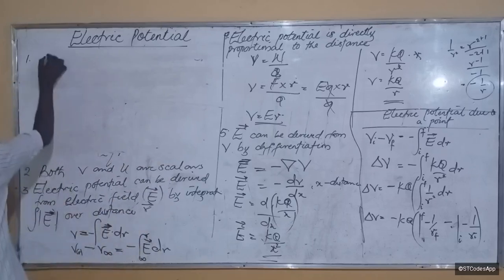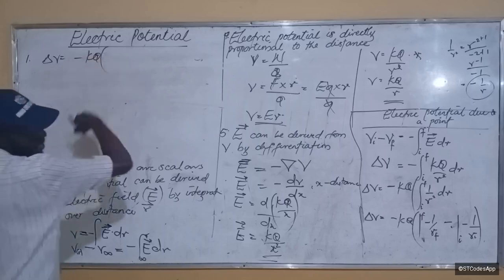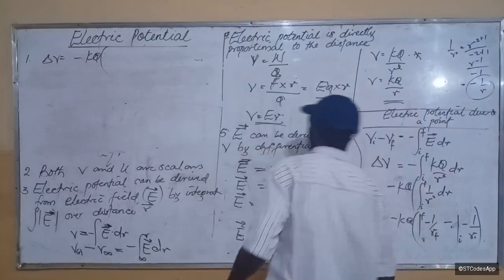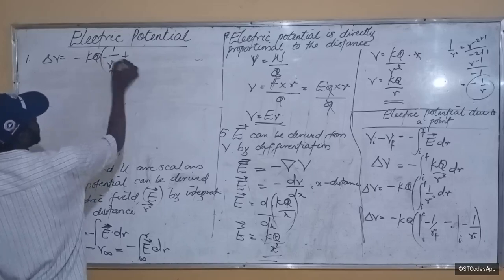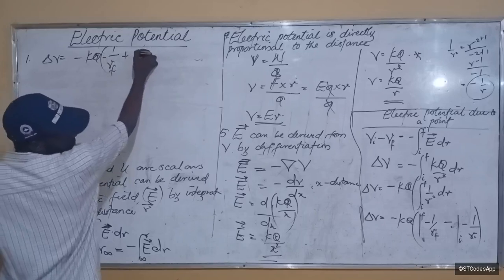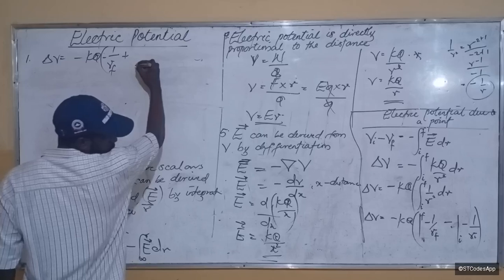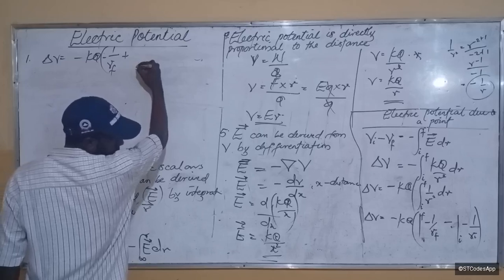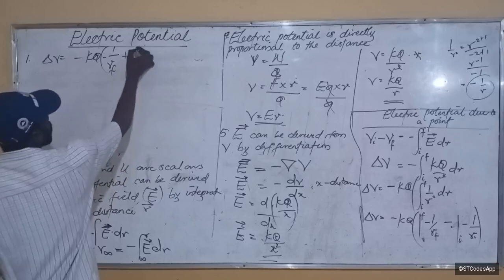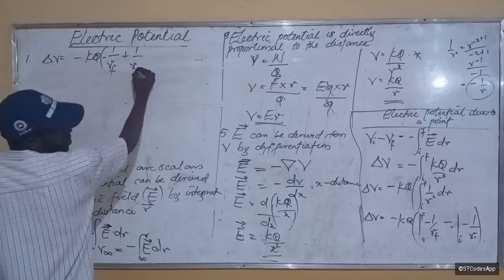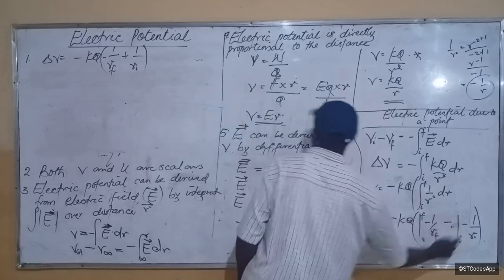What you get is change in V becomes minus kq into bracket minus 1 over r final plus 1 over r initial. Is that clear? Minus times minus gives plus.